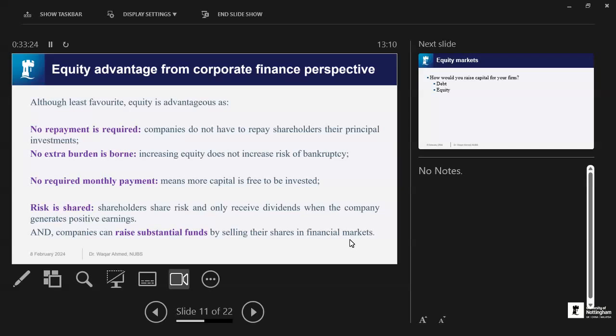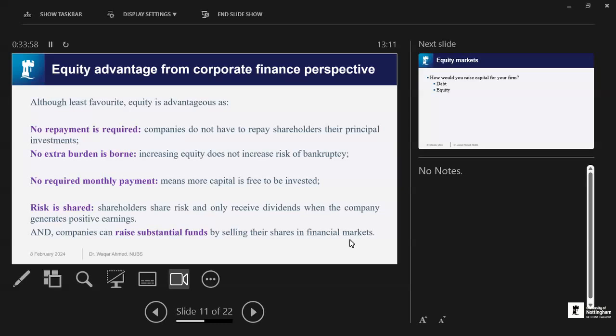Increasing equity does not increase the risk of bankruptcy. What is the risk of bankruptcy? That the company may not be able to pay interest or principal payments on time. So equity doesn't add that risk, and it does not require monthly repayments like interest, which means the firm will have more capital to invest and use for other purposes.